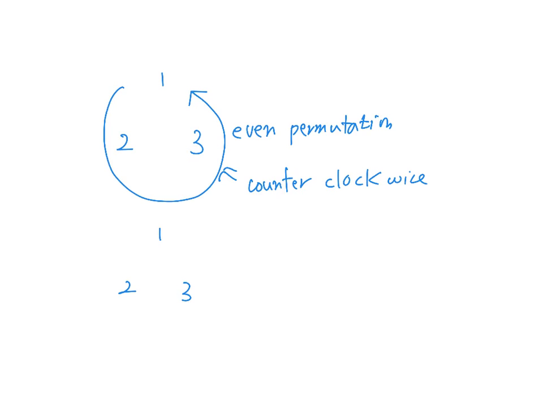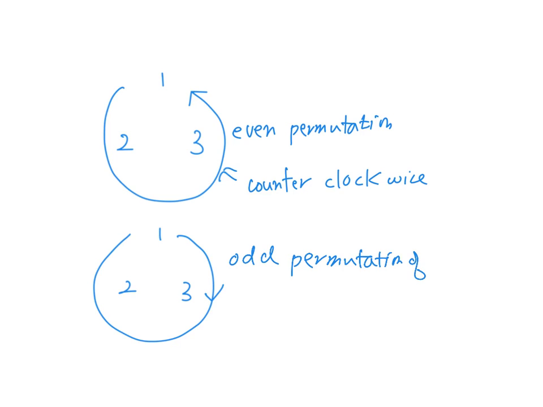Or if you change into a clockwise arrangement of 1 to 3, it's 1, 3, 2, 3, 2, 1, 2, 1, 3. That's the odd permutation. And this is called clockwise.